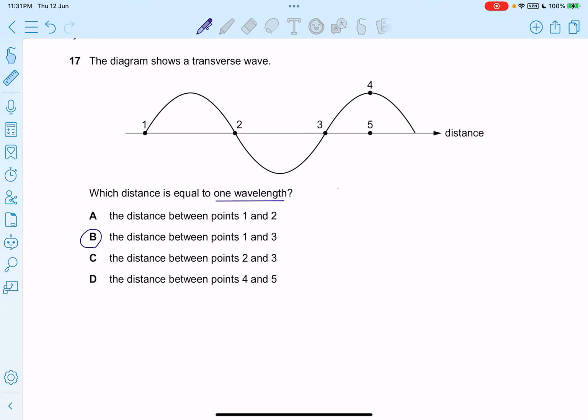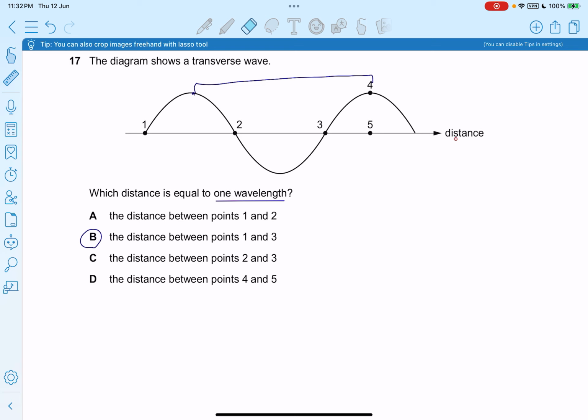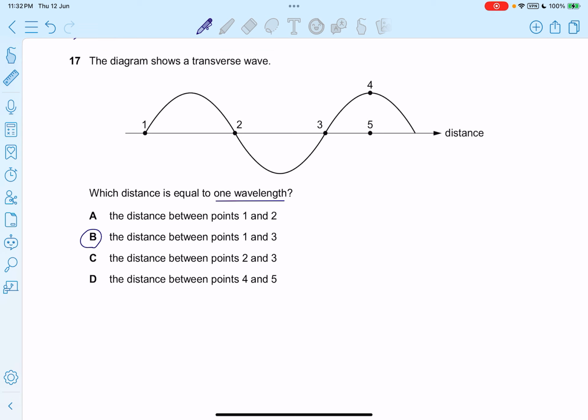One wavelength is the distance between adjacent troughs or adjacent crests, like from here to here, or from here to here, or if it continues, here to here. But they didn't give those pictures.